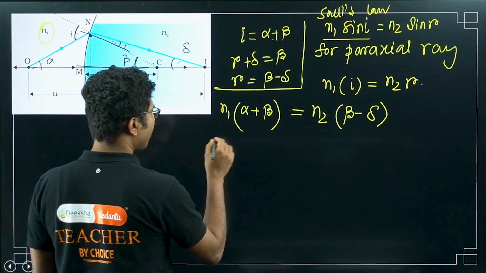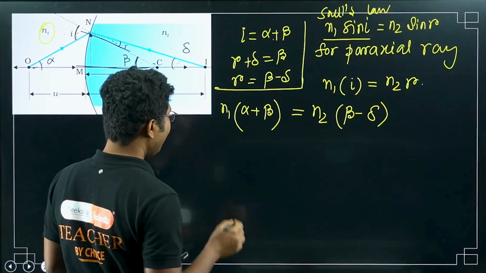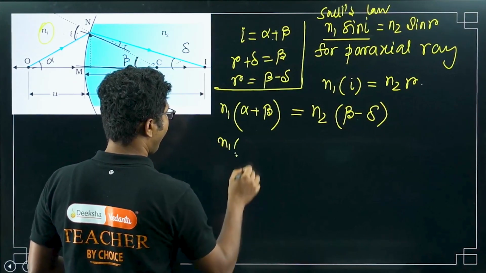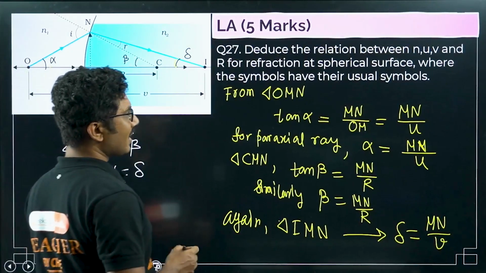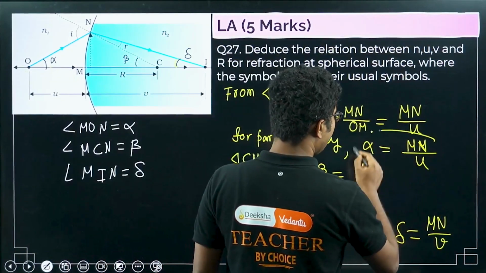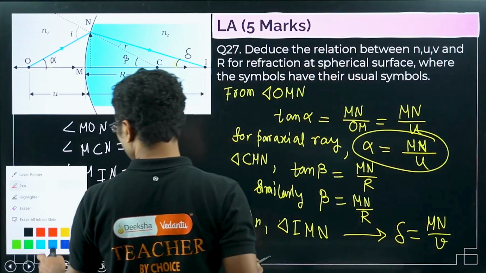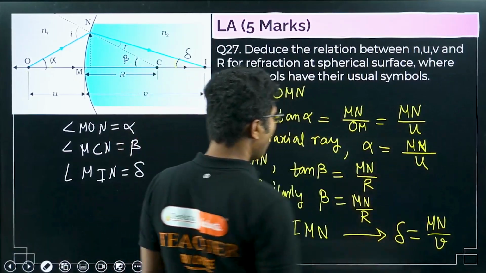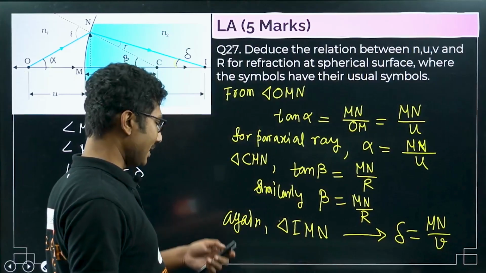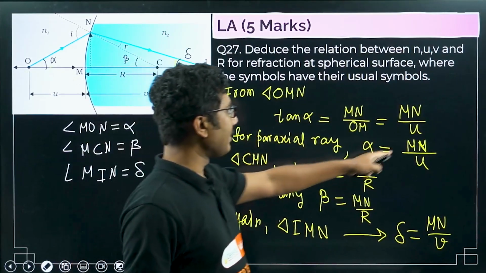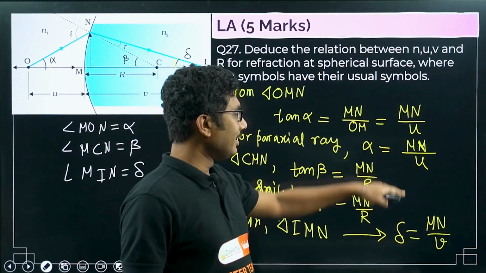What was the value of alpha? The value of alpha was mn by u, right? Alpha was mn by u, beta was mn by r, and delta was mn by v. So everyone has mn in the numerator, only the denominator changes.